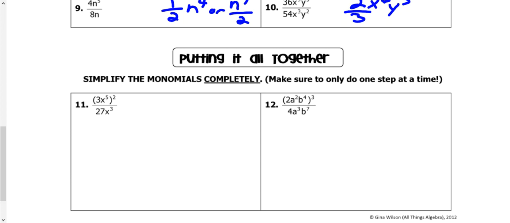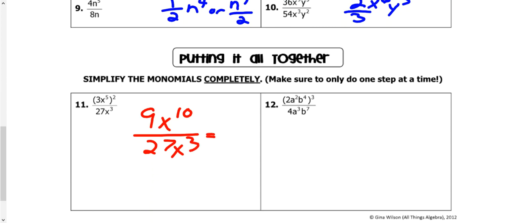So let's look at number 11 and 12 together. So we're going to first distribute that 2, that second power. So 3 squared gives us 9. x to the 5th times the second power, 5 times 2 would give us x to the 10th, divided by that 27x to the 3rd.